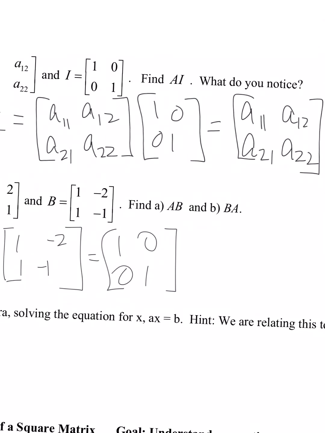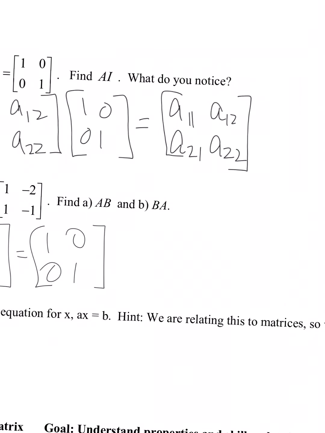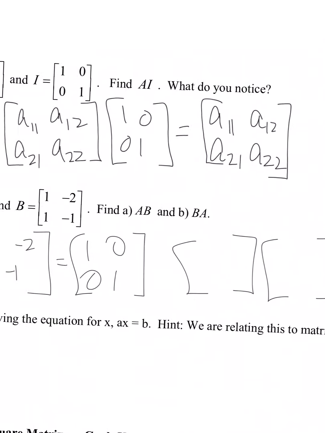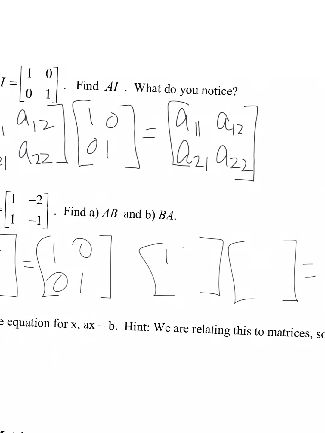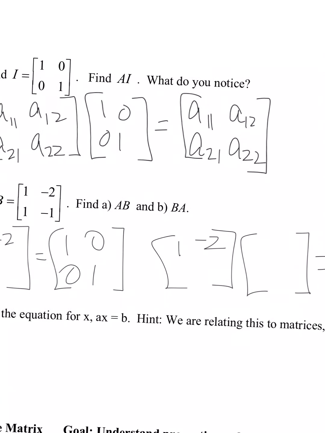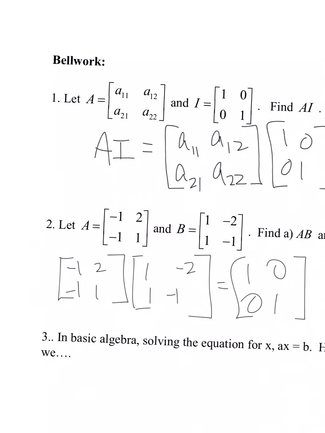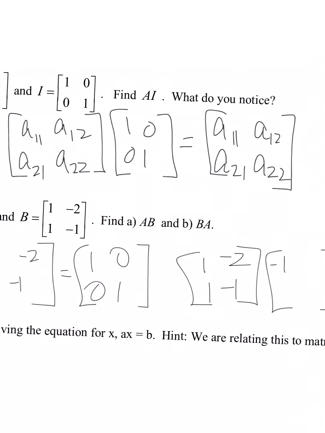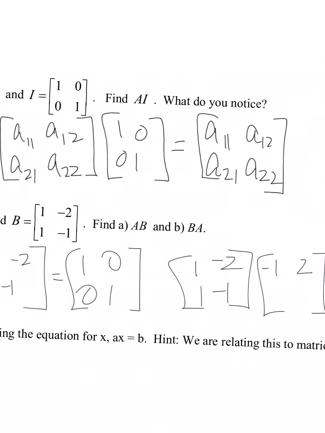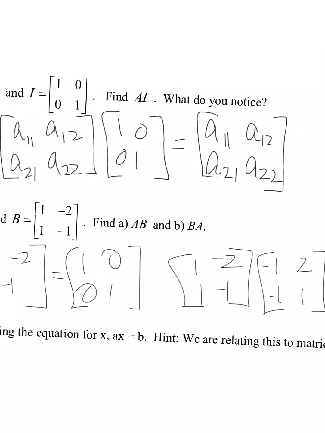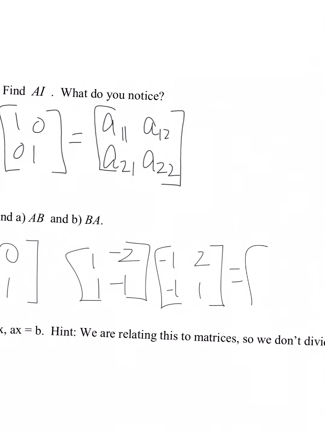And if we do B times A, which I will do here, I'm going to put B here and A here. B is 1, negative 2, 1, negative 1. A is negative 1, 2, negative 1, 1. Okay, so a 2 by 2 times a 2 by 2 gives us a 2 by 2. We go row 1 times column 1, that'd be negative 1 plus 2, which is 1.